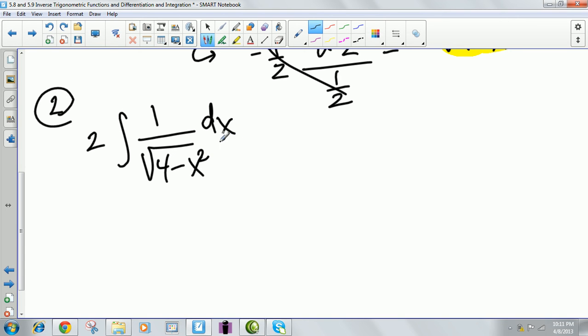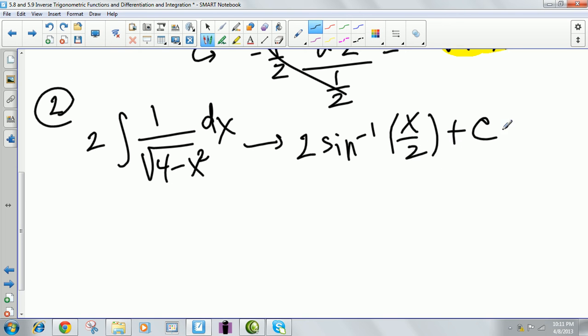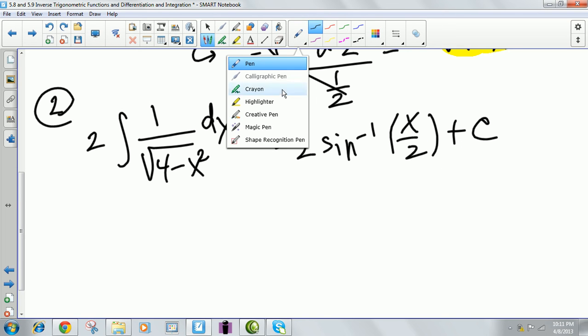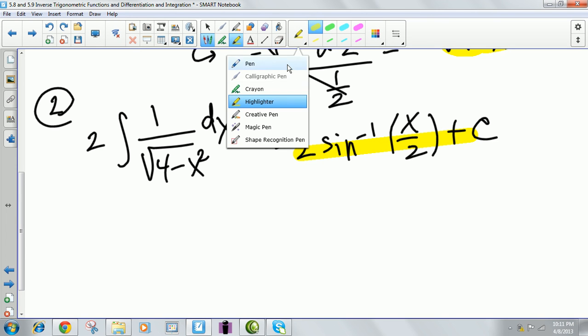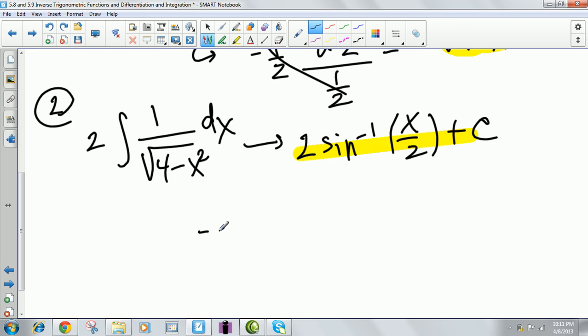So that would be to the 1/2. So u to the 1/2 divided by 1/2. Okay, those will cancel, so you'd have just negative u to the 1/2, or negative square root of 4 minus x squared. Now, that was the first one.